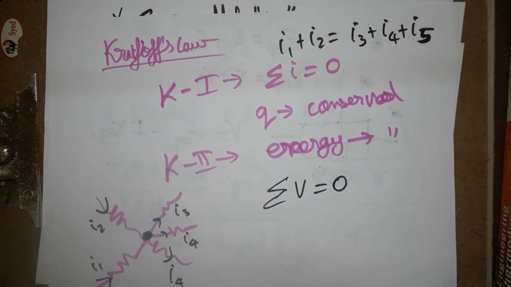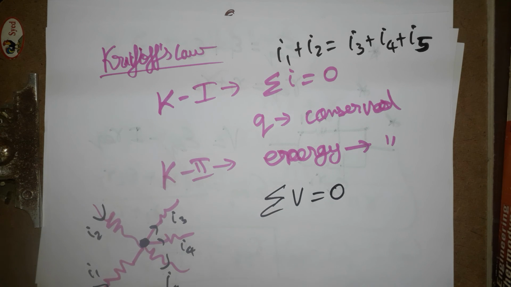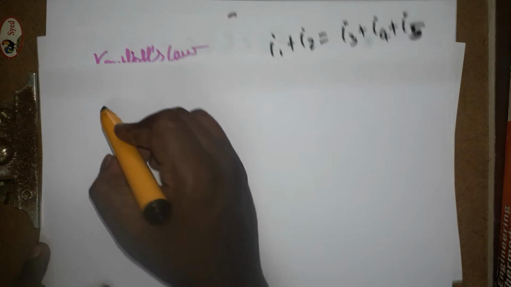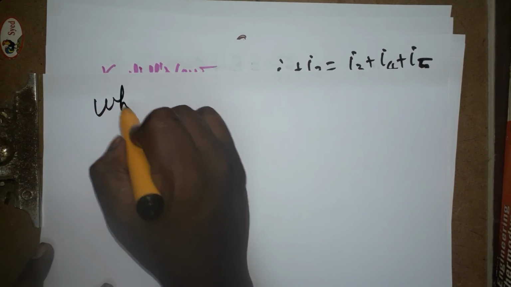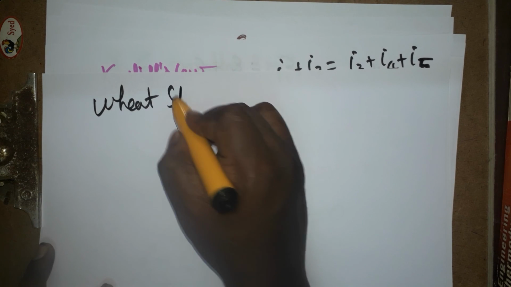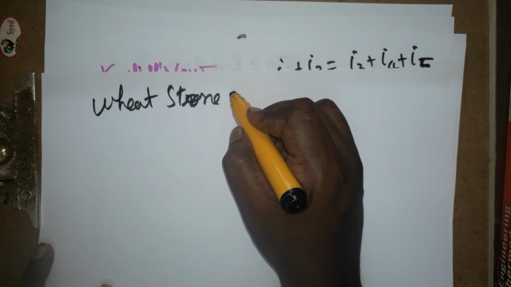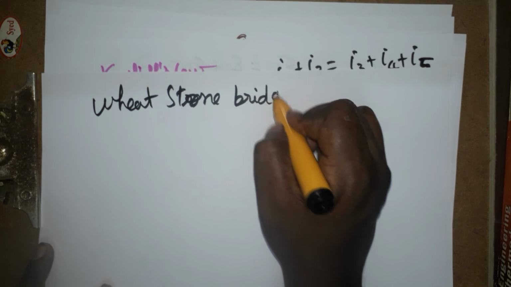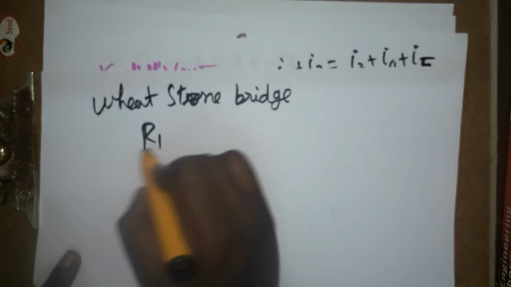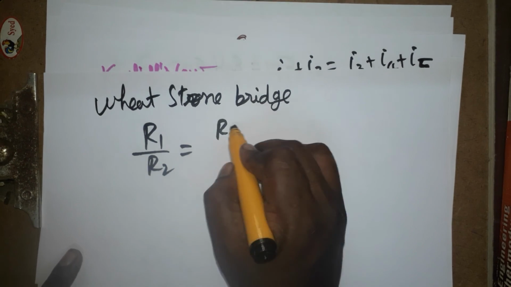The next one, Wheatstone bridge. What is the Wheatstone bridge formula? It is a very fundamental and simple formula. The ratio of the four resistances is balanced: R1 by R2 is equal to R3 by R4.